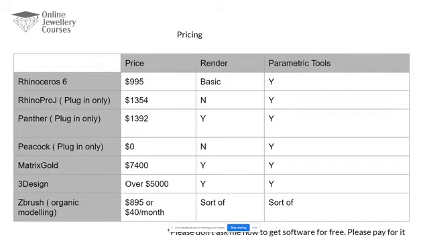Rhino Pro J and Panther have similar prices. With Rhino Pro J, you don't get a render. Just briefly about rendering: you can either render inside software like Panther, Matrix Gold or 3Design, or you can get the file and bring it to another software like Keyshot, for example, or Maverick Render, and render it in there.